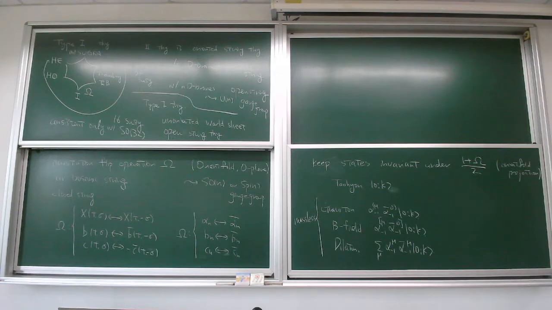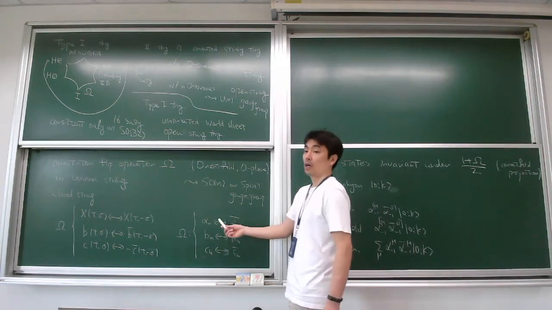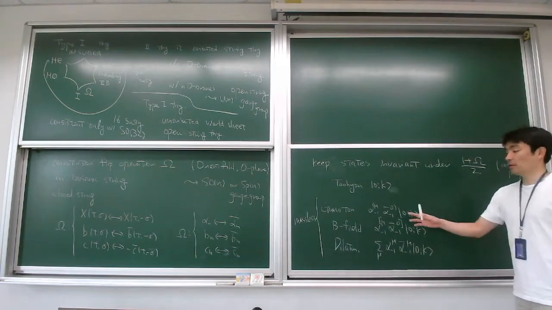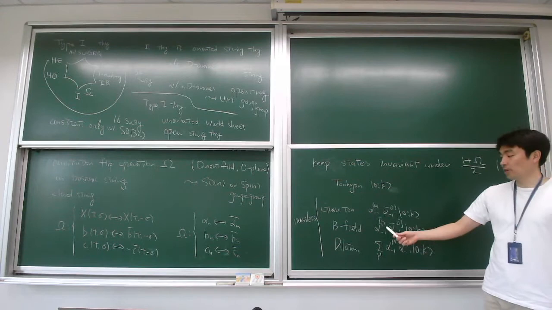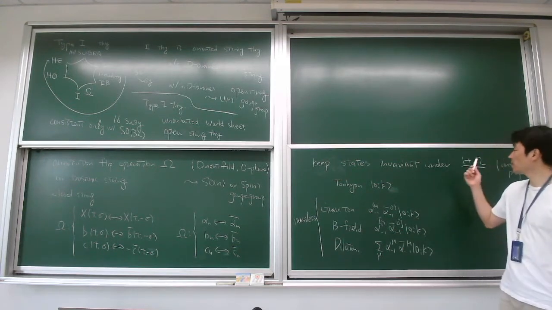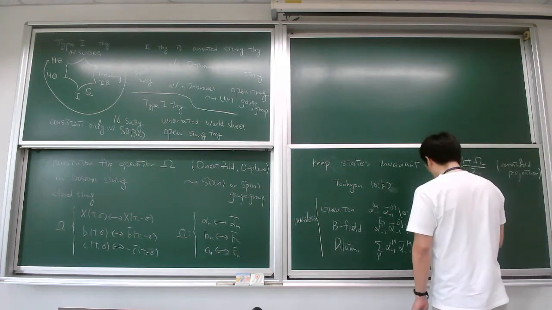If you swap alpha and alpha bar, the graviton stays the same, which is okay, but the B field is antisymmetric, so you get the minus sign, and they cancel. So 1 plus 1 minus 1 is equal to 0, and therefore this one is projected out.